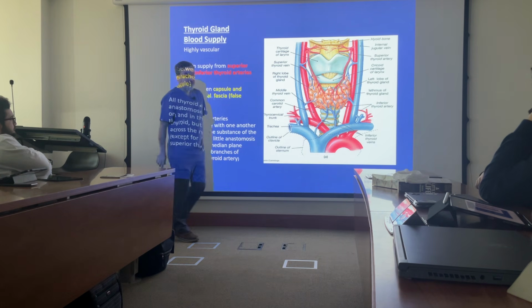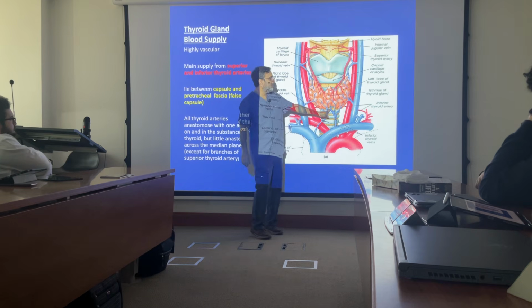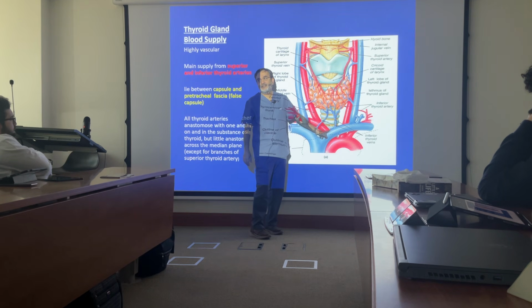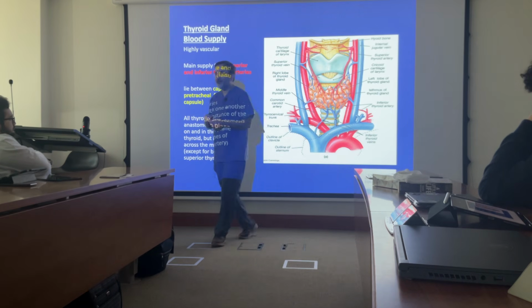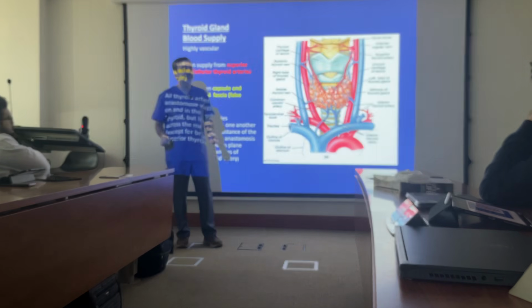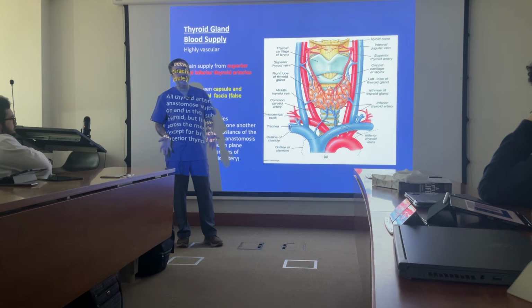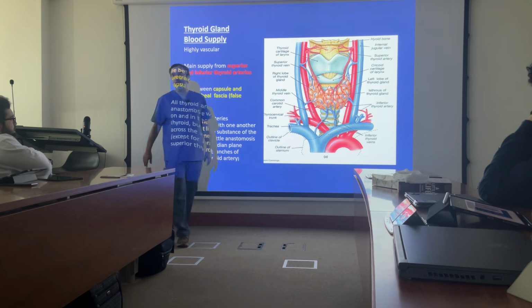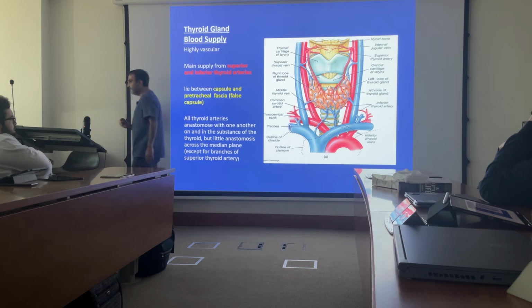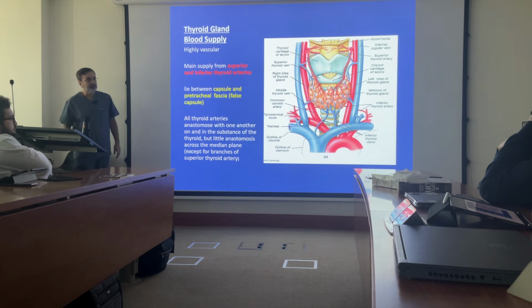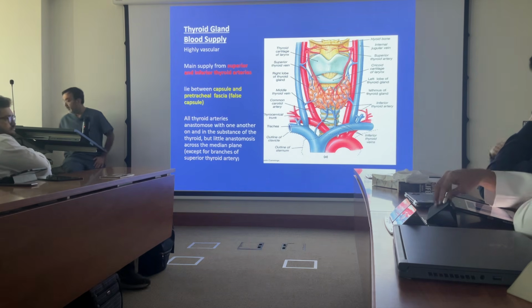Now when you are doing a tracheostomy, you should be aware that there is a chance that there is a thyroidea ima artery, and if you make a hole here and you damage the thyroidea ima artery, that would cause a lot of bleeding. So that is also something which is important and you should know about.